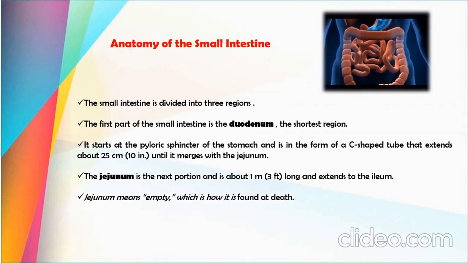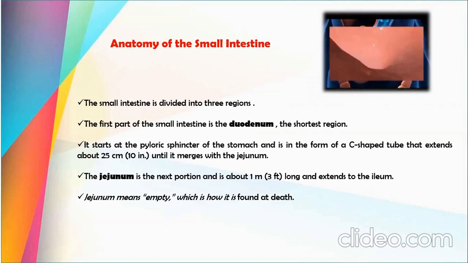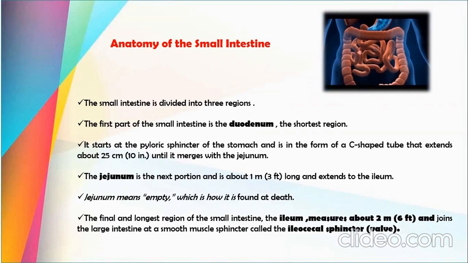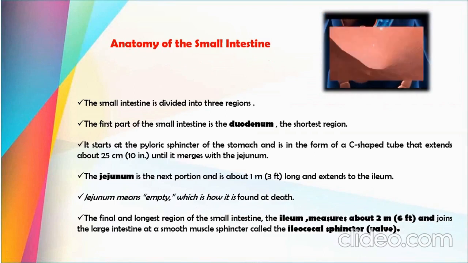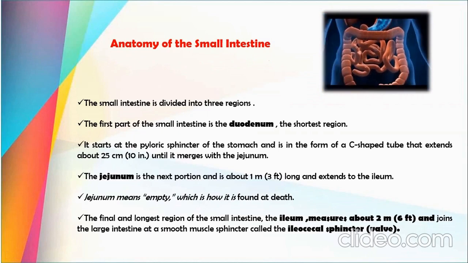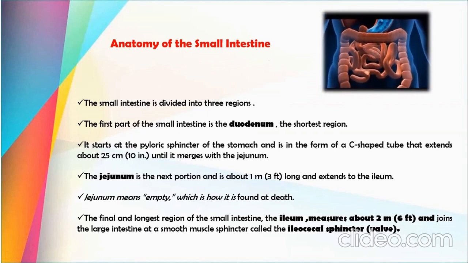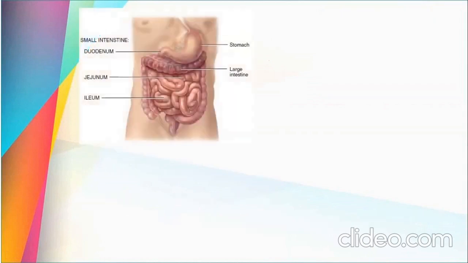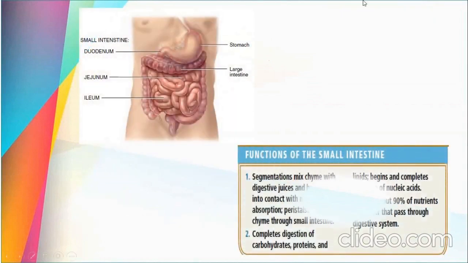Jejunum means empty, which is how it is found at death. The final and longest region of the small intestine, the ileum, measures about 2 meters and joins the large intestine at a smooth muscle sphincter, which is called the ileocecal sphincter or valve. Now, here is the small intestine: the duodenum, jejunum, ileum.